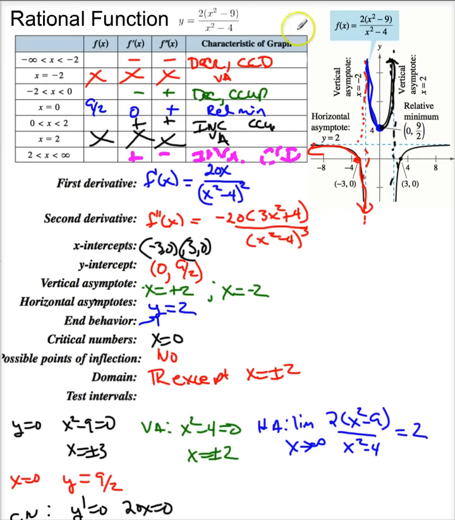I come over to 3, 0, and I see that that is also a 0, and in the region between 2 and infinity, it is increasing and concave down. So I get this sketch right here. You can see, using all of these skills, we can be very careful and get very precise in some of our sketches.